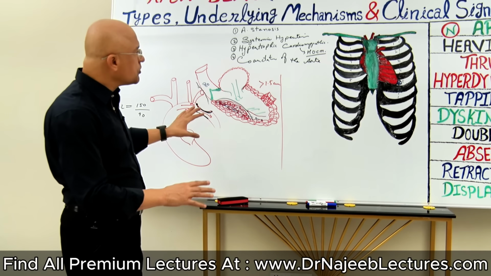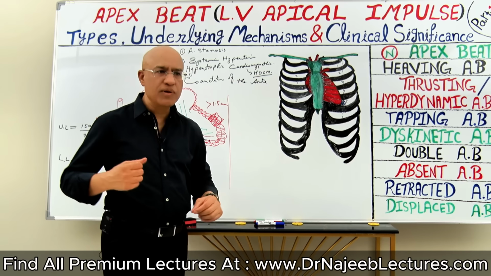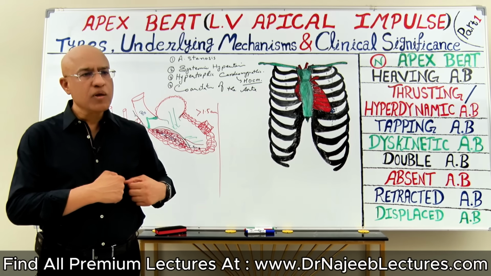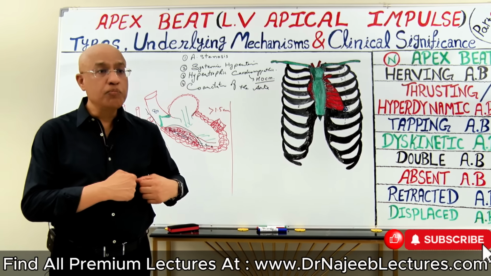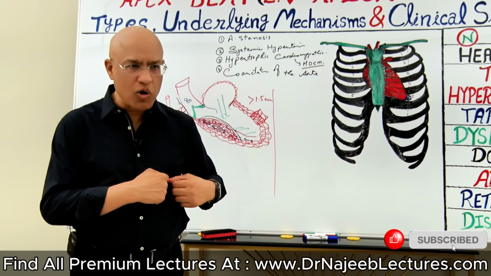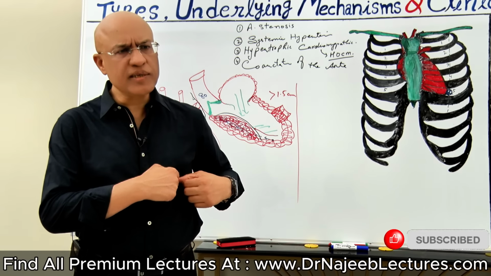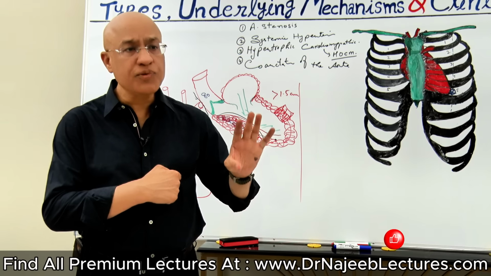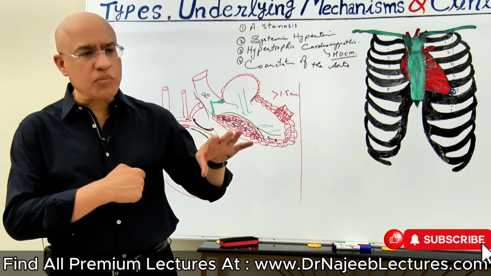But here what we were discussing is heaving apex beat. We discussed mainly that whenever you have an apex beat which is stronger than normal and sustained, prolonged, strong and prolonged, usually it is small, localized within 3 centimeters if it is not a dilated heart, and usually it is at its normal position.